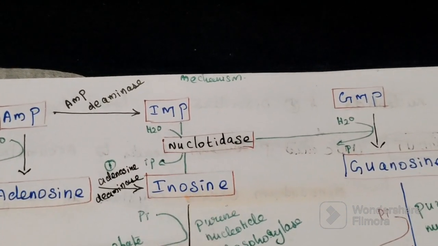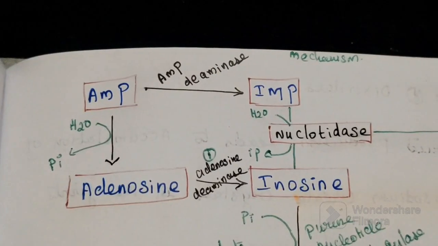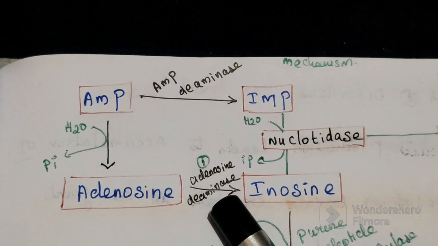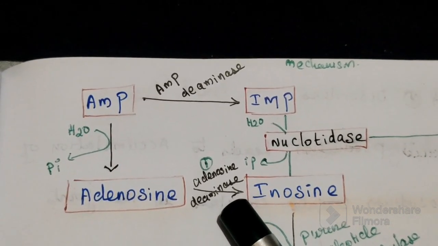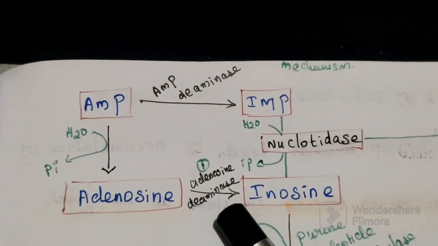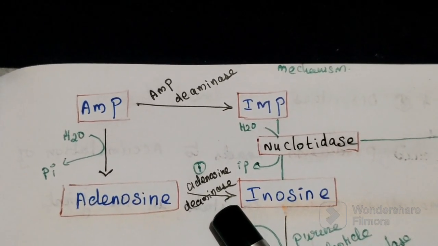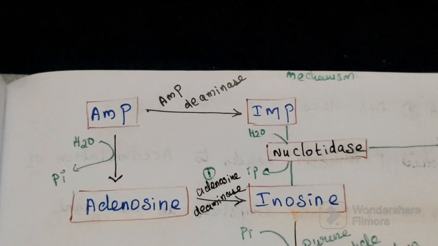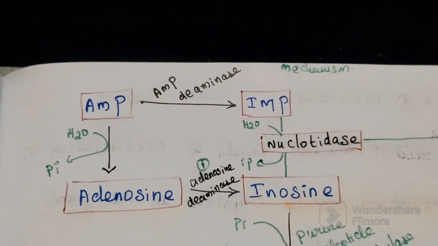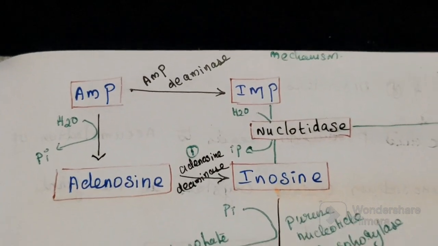This adenosine deaminase is an important enzyme. Deficiency of this enzyme leads to the disorder SCID, severe combined immunodeficiency. In this disease, gene therapy was first tried.